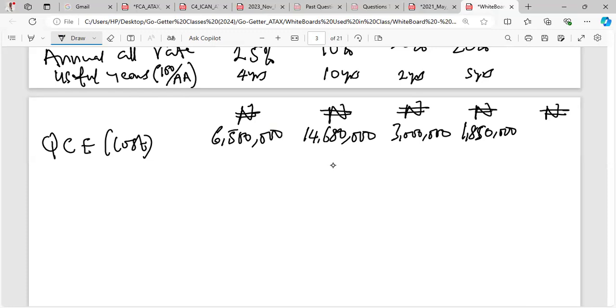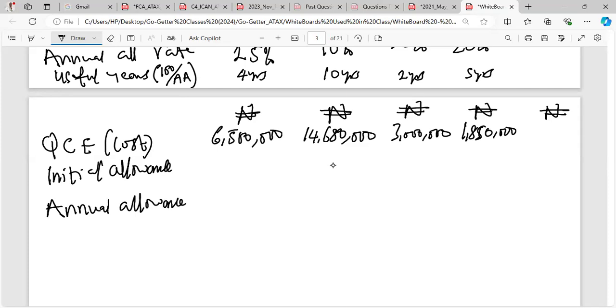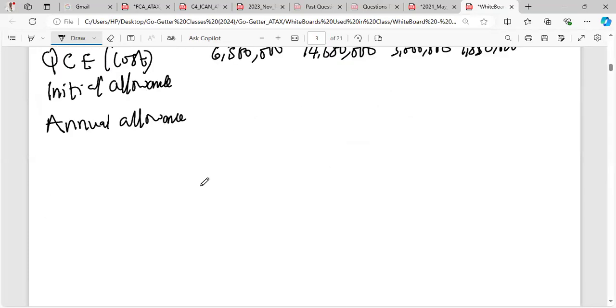All right. Then you will have to do your initial allowance, then your annual allowance. So how do we do our initial allowance for motor vehicle? This is workings 2, initial allowance.